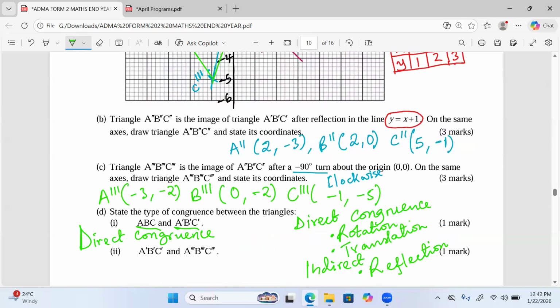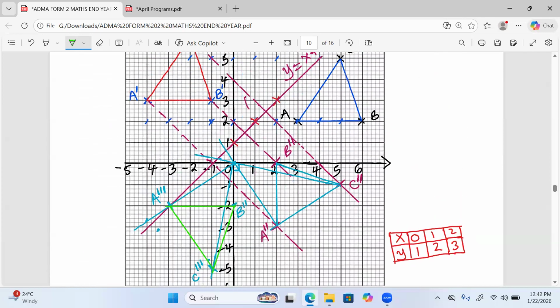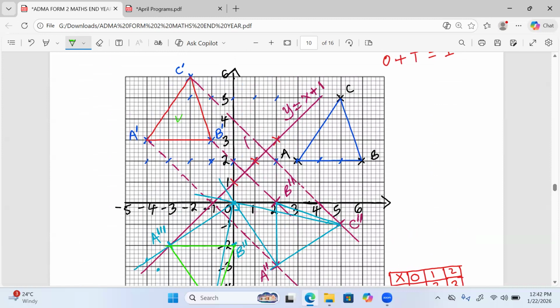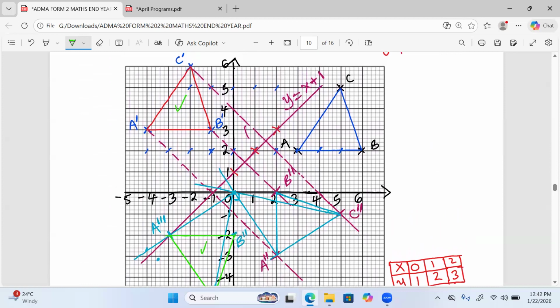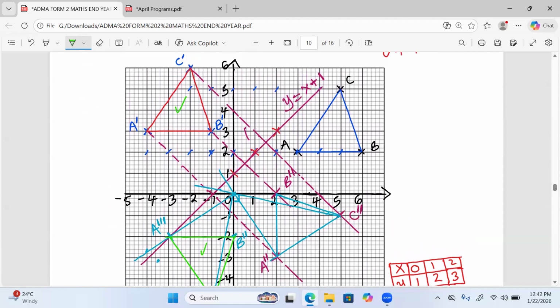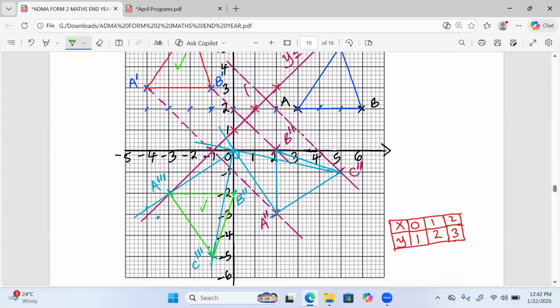Because now we are relating the first image and the last image. We are relating this one and this one. So if I bring this triangle A'B'C' into this one, they shall not fit.